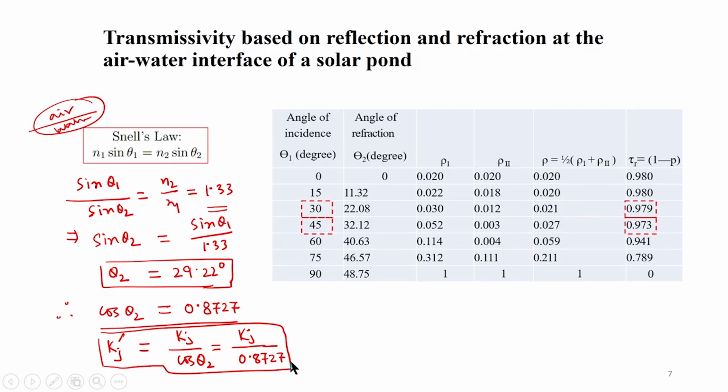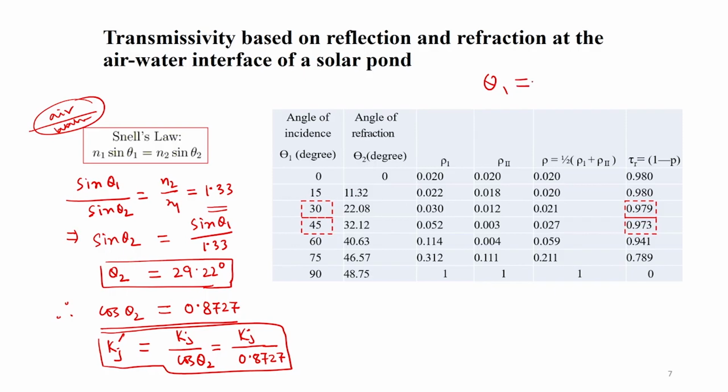Now, we need to calculate tau r. We need to use this table, and as you can see 29.22 is theta 2, and theta 1 we already got, so I will write theta 1 here.